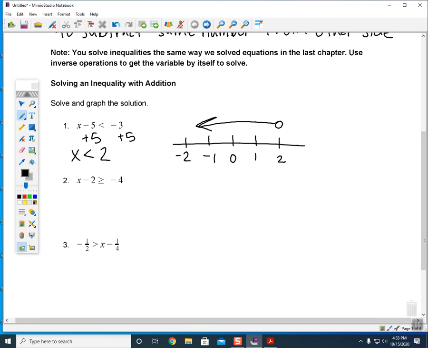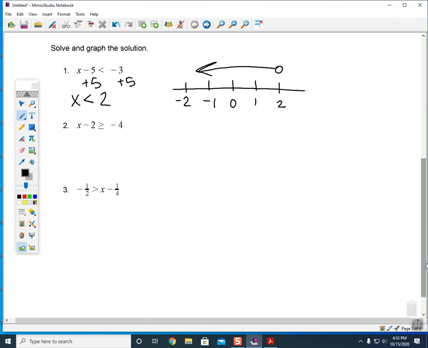If we look at the next one, x minus 2 is greater than or equal to negative 4. Same thing, I need to undo my subtraction, so I will add 2 to both sides. I get that x is greater than or equal to negative 2. I'm going to graph this one too. 0, 1, 2, negative 1, negative 2.